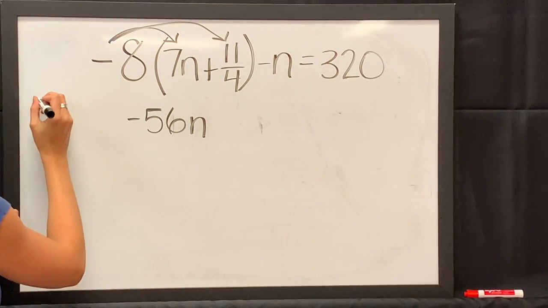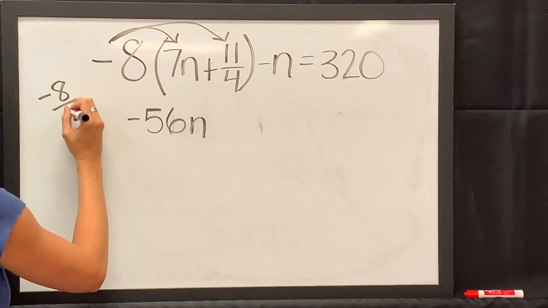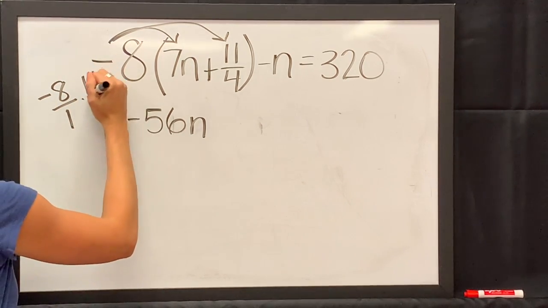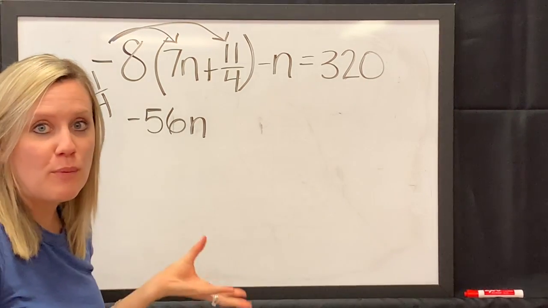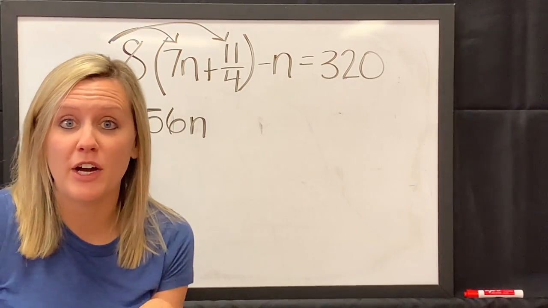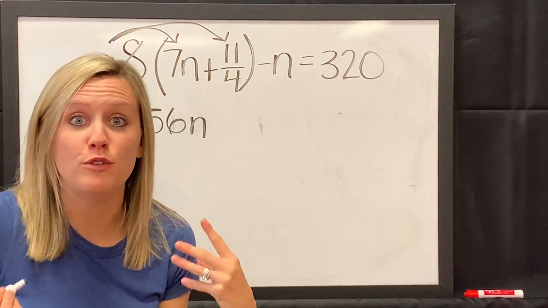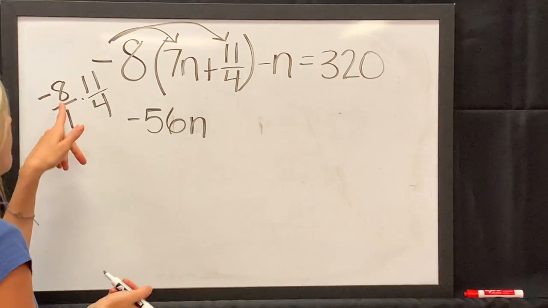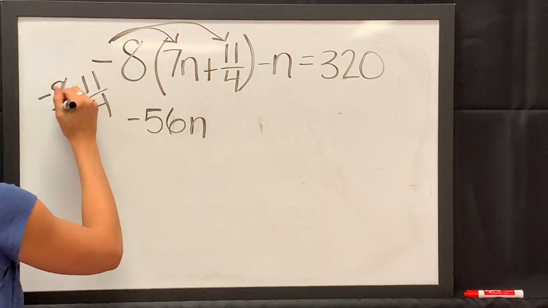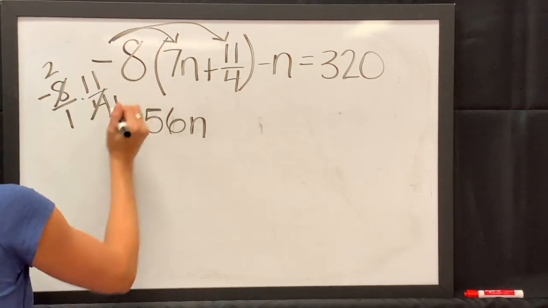If you want to do this on the side, you could write negative 8 over 1 times 11 over 4. And I really like to reduce as I go with fractions. I do have a video about simplifying fractions, so if you don't know what I'm doing, you're welcome to watch that. But 4 goes into both of these numbers, so I'm going to simplify this, and then I'm going to multiply it.